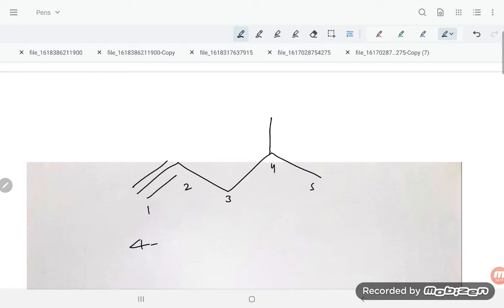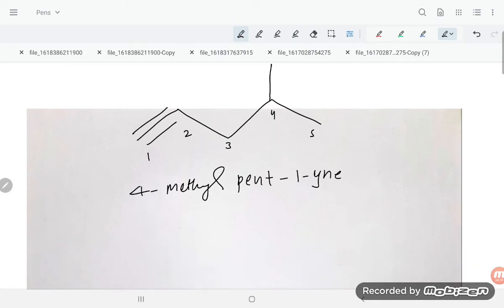So it is going to be 4-methylpent-1-yne, or you can also write 4-methylpentyne, because if the triple bond is on the first position, you need not mention the position. It is understood that it will be there.